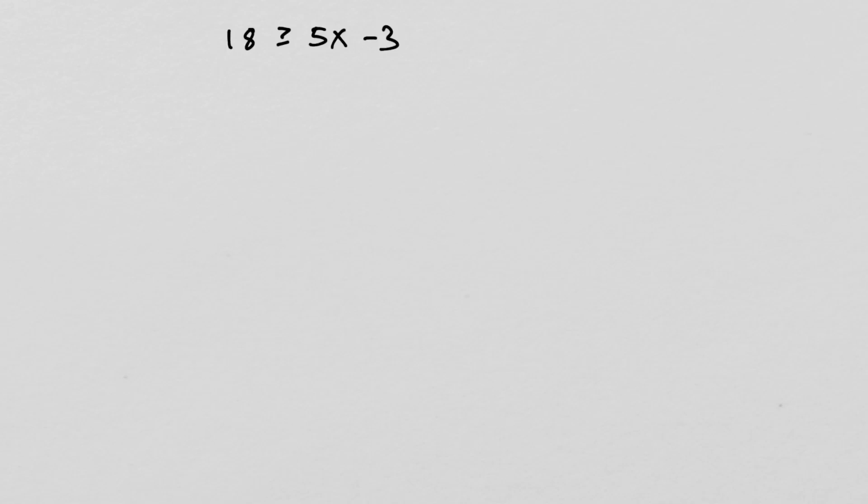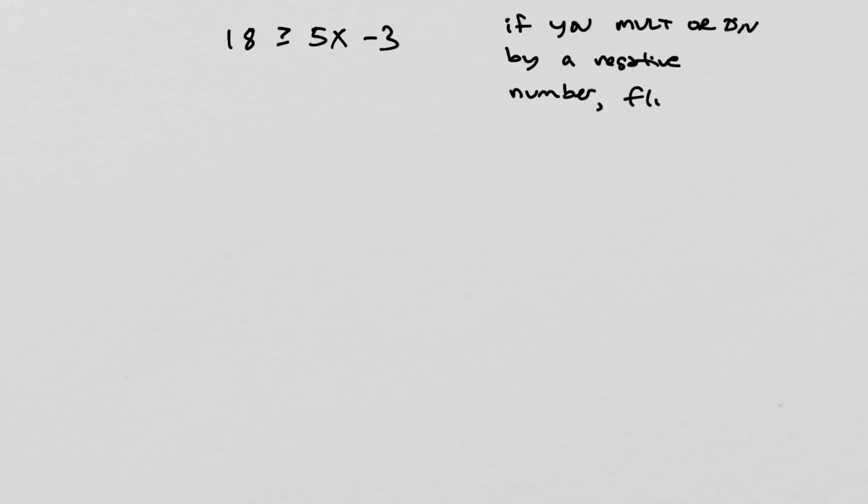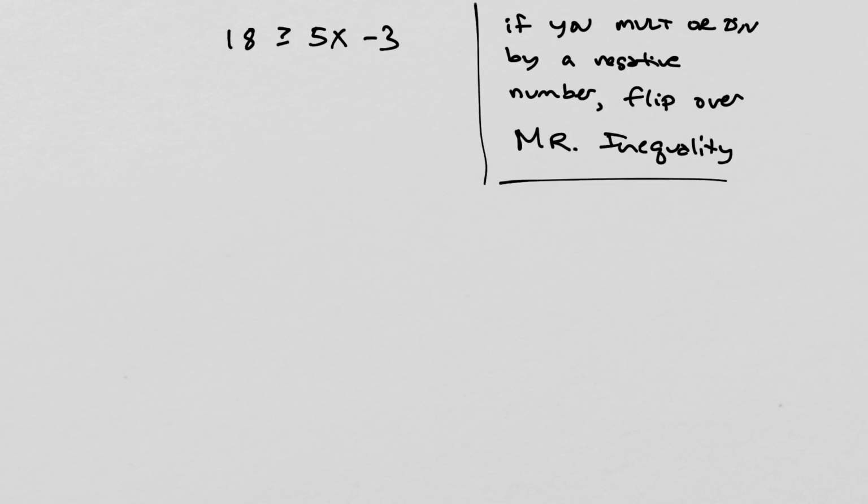The thing you have to remember with inequalities is, if you either multiply or divide by a negative number, you have to flip over the inequality. That's the only caveat you really have here.